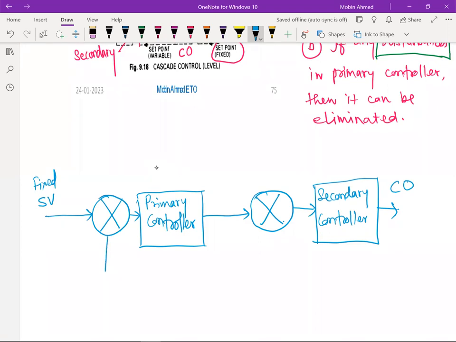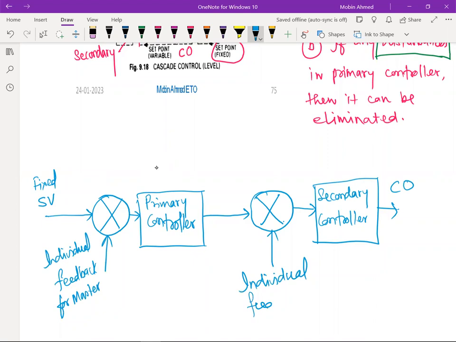Now here it is going to have its own feedback. So this is the individual feedback for master from a separate point, not the same point. And here there is going to be the individual feedback for slave.